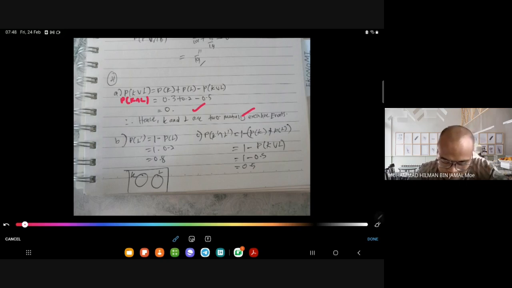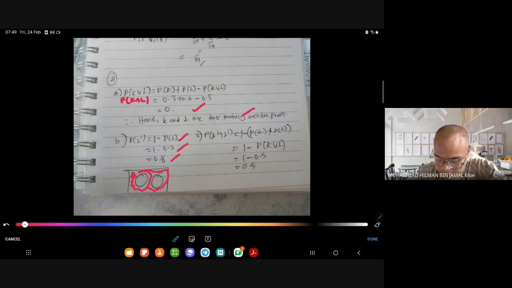For the first one, I think this one senanglah cari je L prime. So L prime is 1 minus probability of L. And then we minus dia dengan dia punya nilai 0.2. Ni akan dapat 0.8. And then for the P(K' intersect L), so basically dia adalah dekat bahagian yang luar ni.